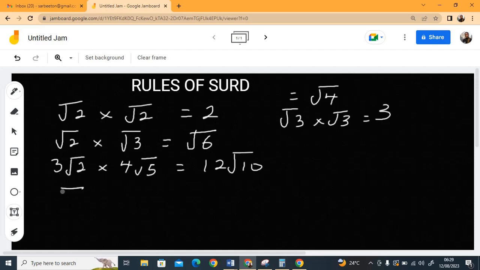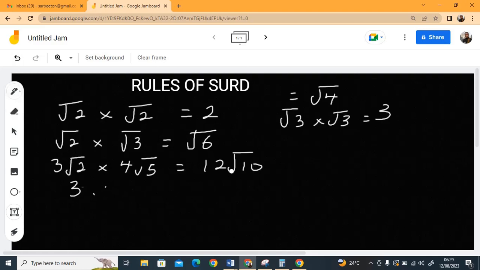If you have root 4, sorry, sorry for this. Root 4 is ordinary 2. Okay, let me add one more to this particular multiplication. Sorry for this delay.